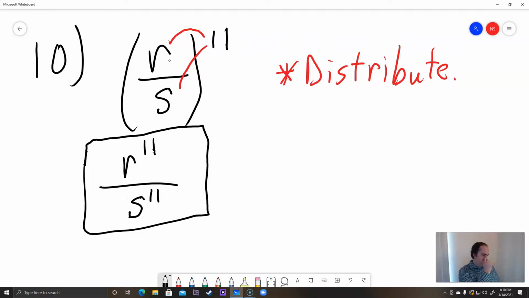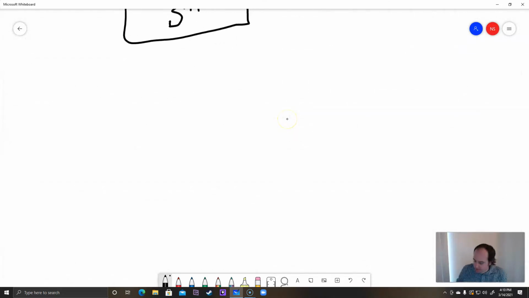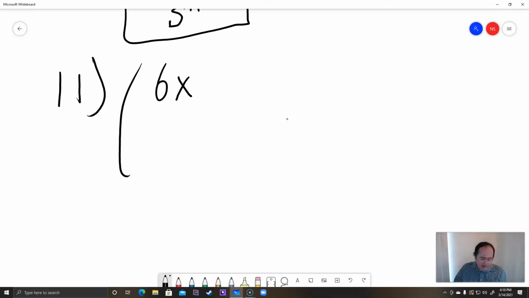Now, I wanted to use that same rule, but I'm going to combine it now with some of the other rules we've learned in a harder problem. So for example number 11, we're going to take a look at a complicated looking fraction. So what we have here is big parentheses, and then in the numerator of our fraction, we have 6x to the 5th z cubed, and then in the denominator of our fraction, we have y squared.